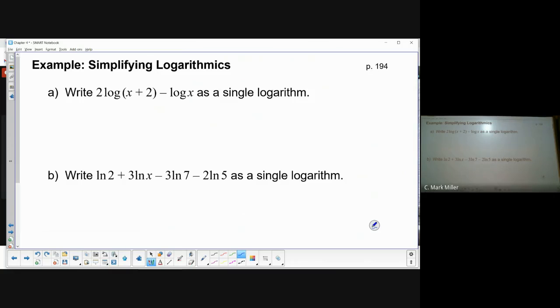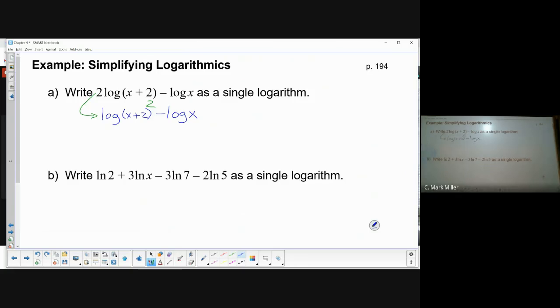We're going to use the properties of logarithms. Write that mess as a single logarithm. The first thing I see to do is to write log of x plus 2, and take that 2 and put it up there, squared, minus log x.